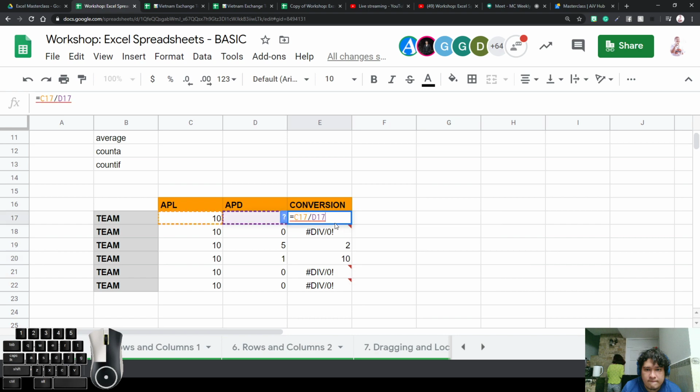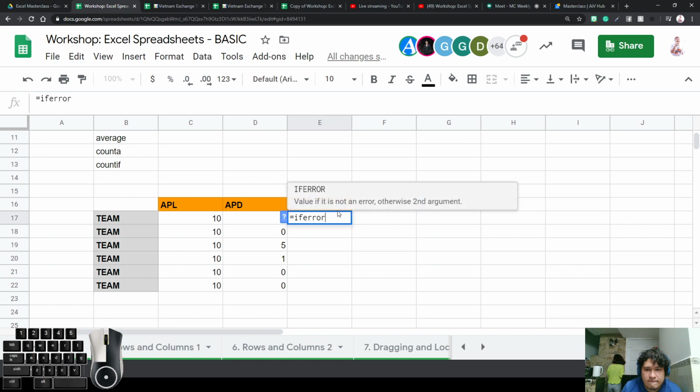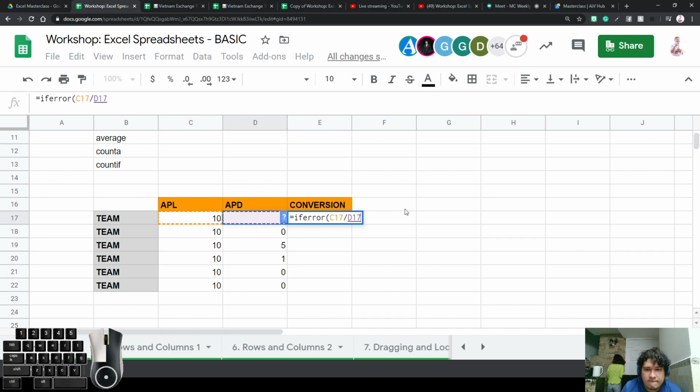You can use the IFERROR formula. So how do I fix this? Let's start from the beginning. Delete everything. So I'm gonna start my formula: equals IFERROR, open brackets, and then applied divided by approved.